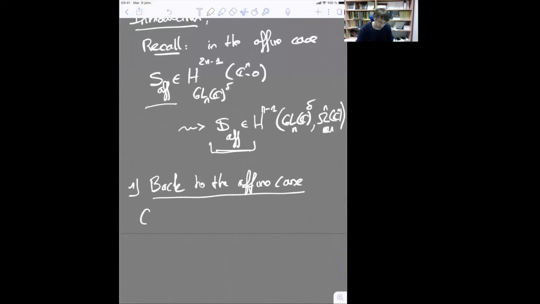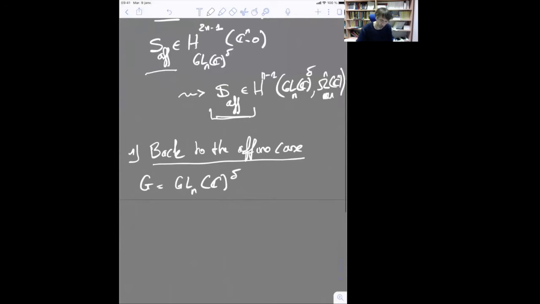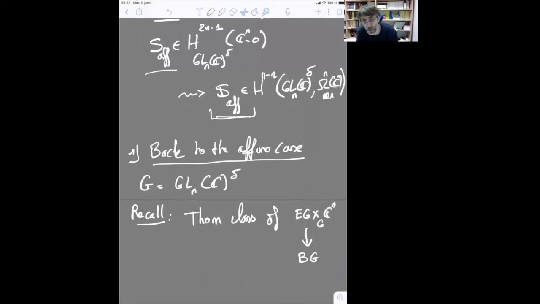So again, from now, in that case, G will be GLNC made discrete, and so recall that our construction started by considering the Chern class of the universal bundle EG cross G mod Cn over the classifying space BG of GLNC made discrete.